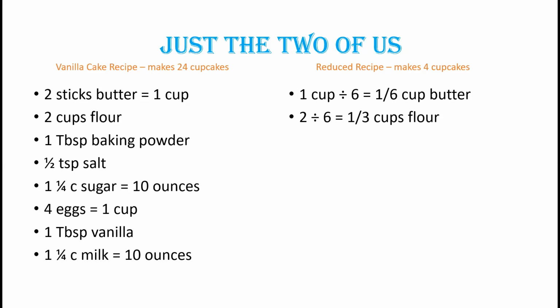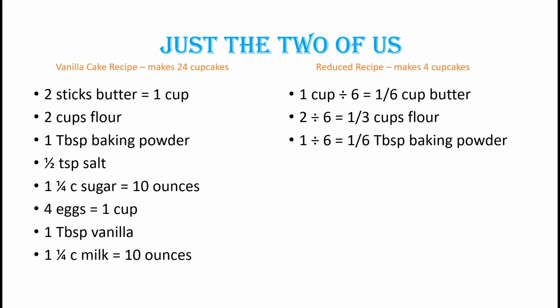Now, here's the next one. 1 tablespoon of baking powder. We need to divide that by 6, so it's 1/6 of a tablespoon of baking powder. At this point, in real life, they don't really make 1/6 tablespoons, so you're going to have to kind of finesse it with your half. So the next thing is a 1/2 teaspoon of salt.